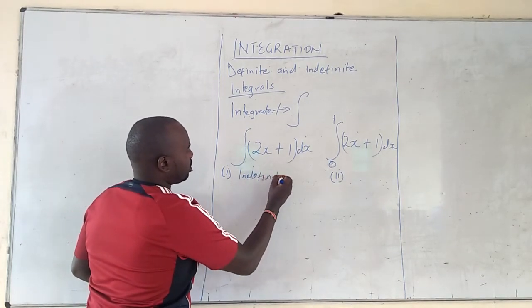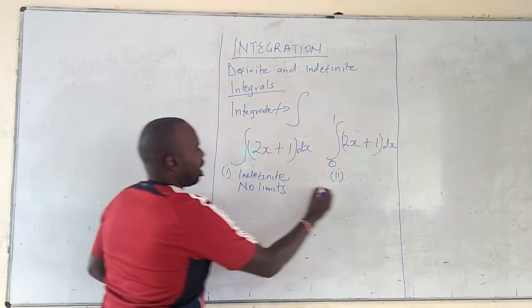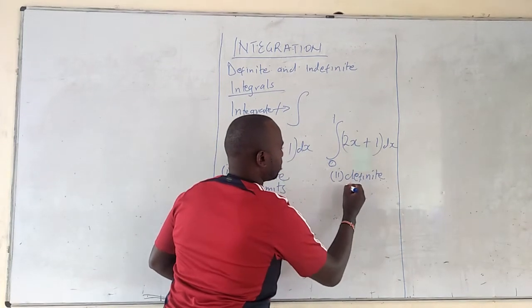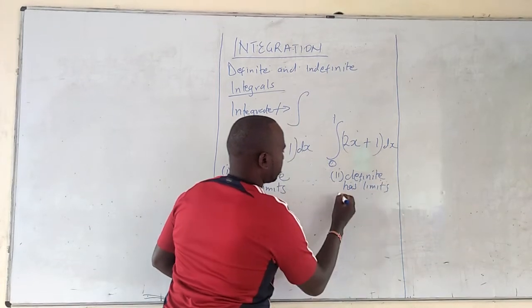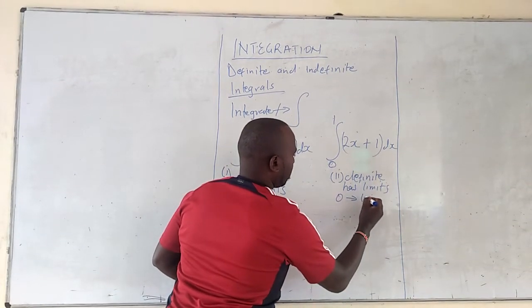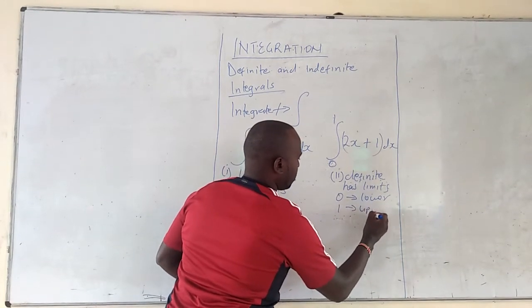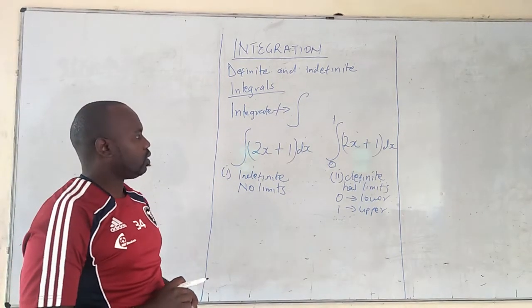It is indefinite because it has no limits, and this one is definite. You can determine the value because it has limits. In this case, 0 is called the lower limit and 1 is called the upper limit. We will tackle both of them so that you know how they are tackled.